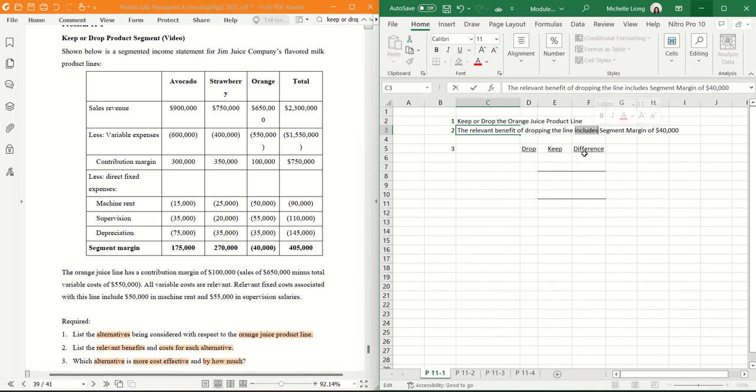The relevant benefit of dropping the line is reducing the loss of segment margin of 40K. And keeping it has no effect.